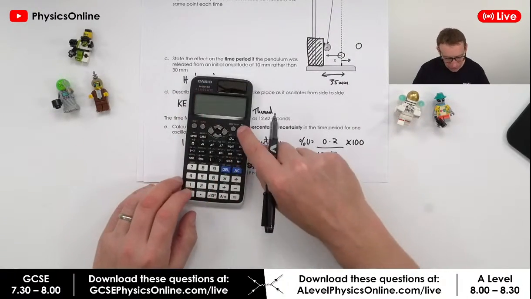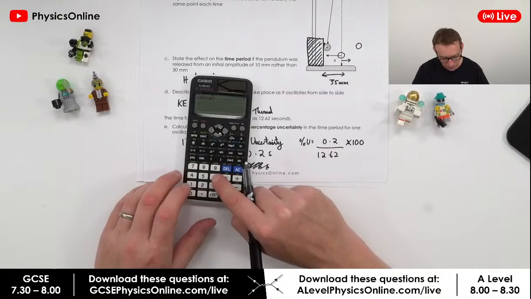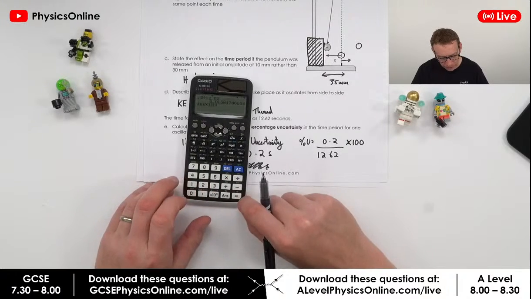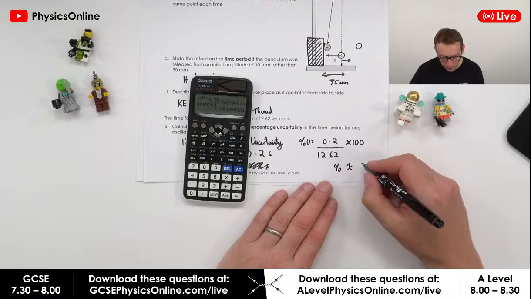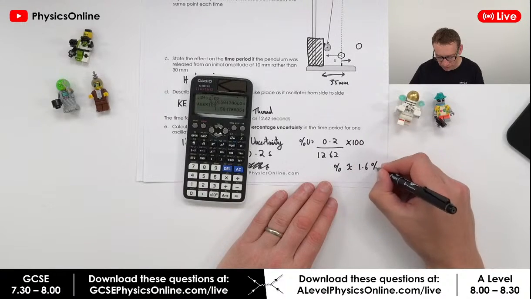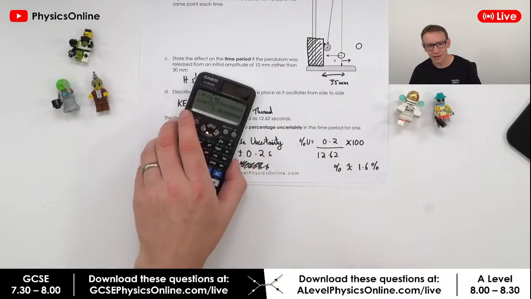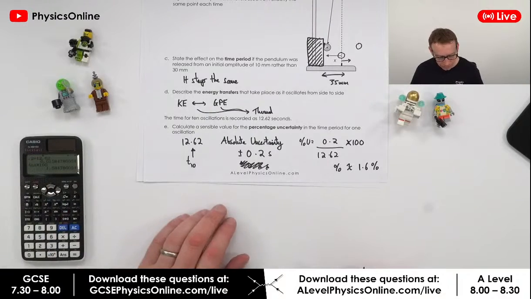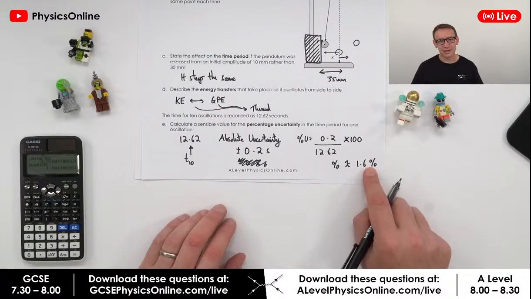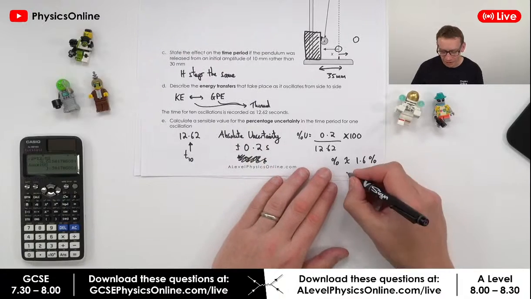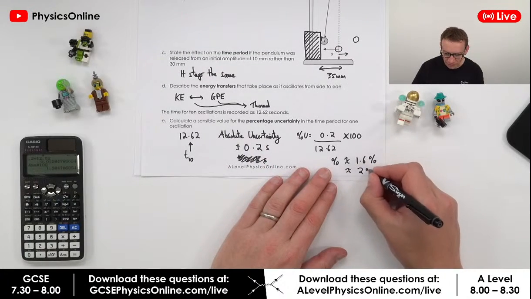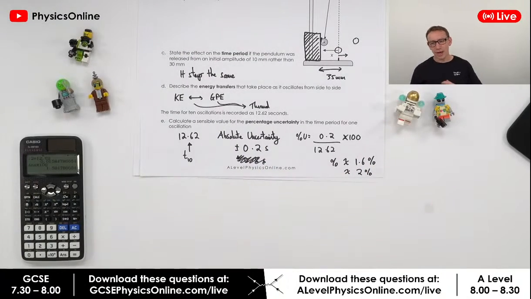So 0.2 divided by 12.62 times 100 is about equal to 1.6%. You could give it as 1.6%, or you might say we only really know this roughly to one significant figure, so you could also justifiably give this as about 2%. So what we have is 2% error in the timing.